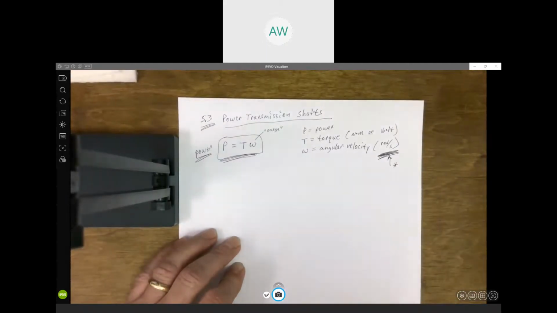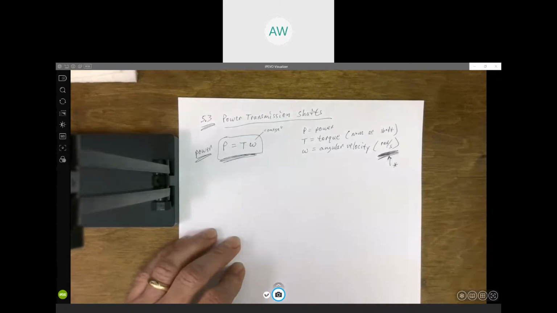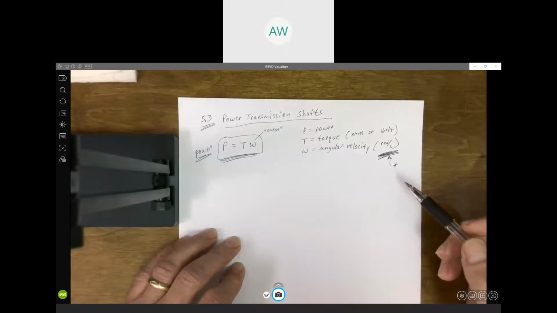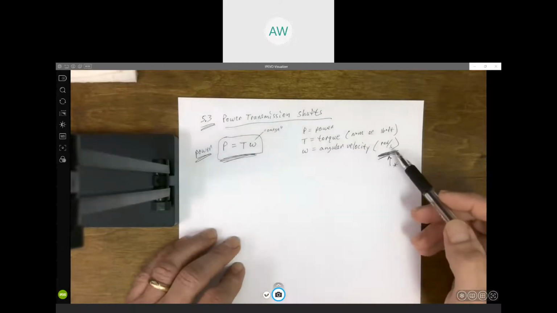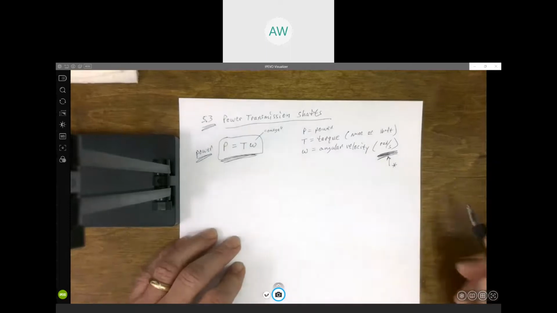Those other formulas you'll see in there allow you to put in an angular velocity in something other than radians per second. So your choice. You can memorize a different formula or just convert omega to radians per second. That's the approach I'm going to take.